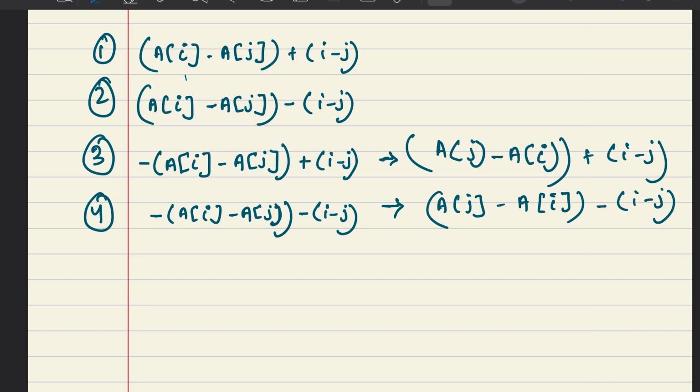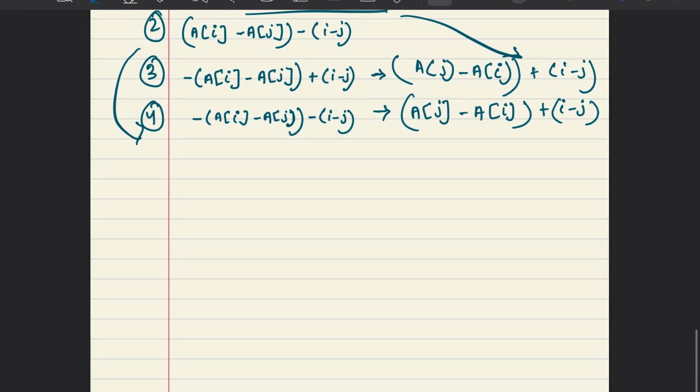So expression 1 and expression 3 are exactly the same, and expression 2 and expression 4 are exactly the same. Previously we saw f of 1 2 equal to f of 2 1, right? So as per the same logic, a of I minus a of j will be a of j minus a of I. It is exactly the same.